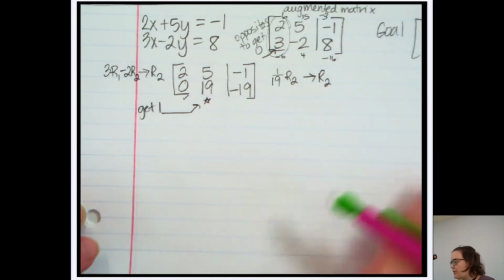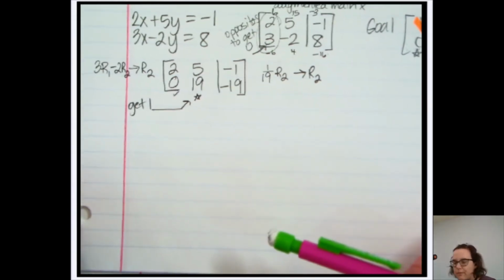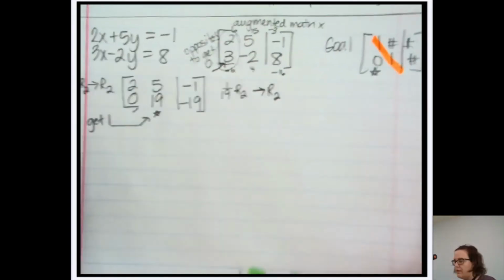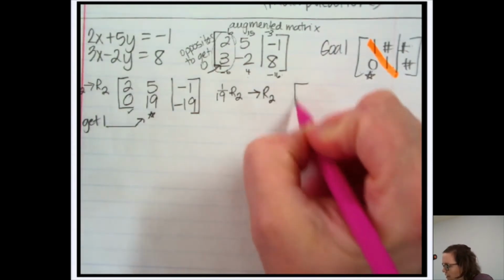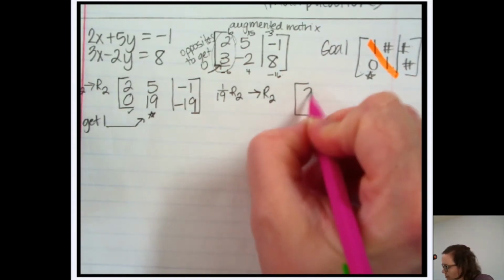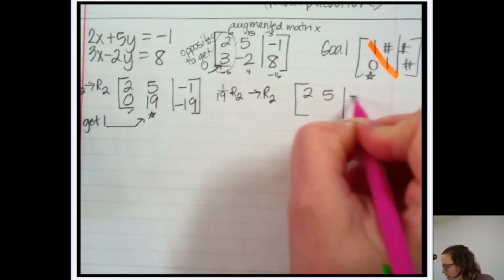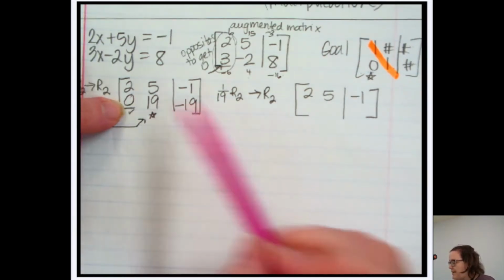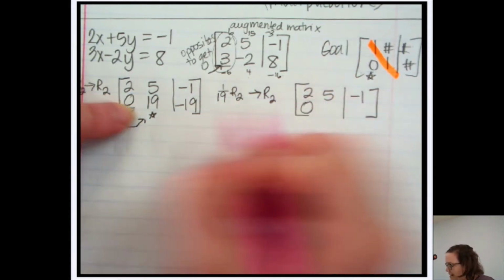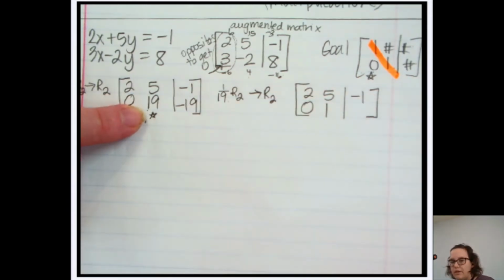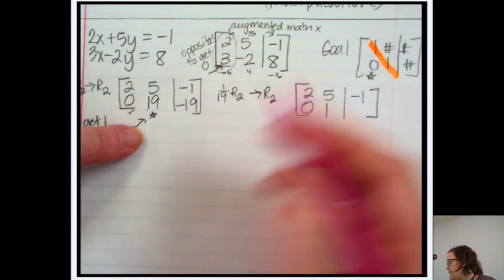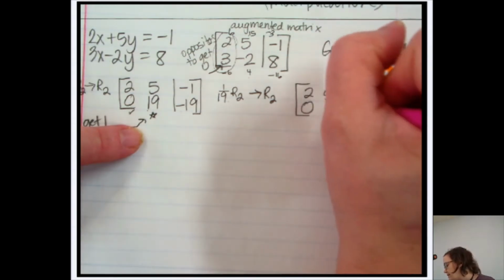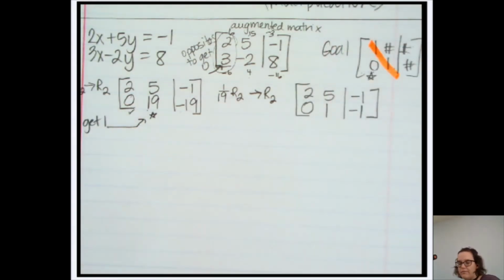The zeros don't get affected by multiplying, so we're good to go. Did we change row 1 any? No, so this needs to be 2, 5, -1. And then 0 divided by 19 is 0. 19 divided by 19 is 1, which is what we really wanted. And -19 divided by 19 is -1.